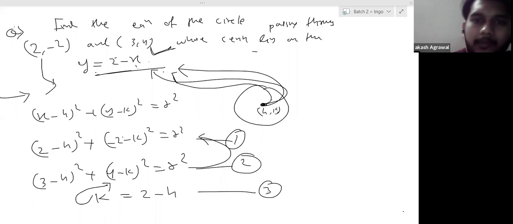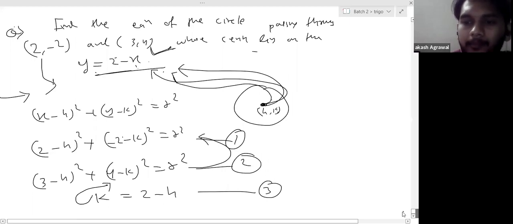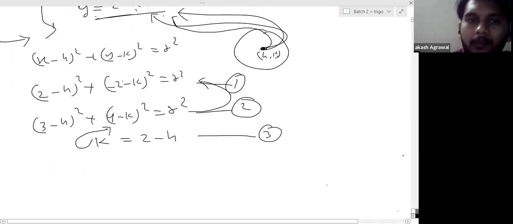Okay, what do we have to do after this step? What is the fastest way we can solve this? Put the value of k in this equation.